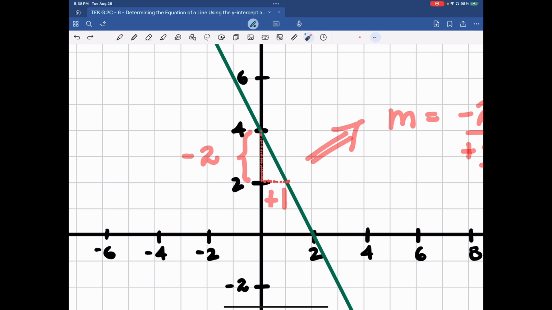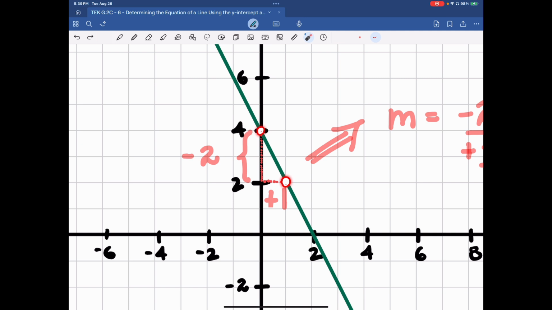And so what I'm looking for is, notice that the grid is here and the graph cuts through it. Here, that doesn't happen. We only have it crossing a horizontal line instead of the intersection of a horizontal and a vertical line. So I want to figure out how I move from here to here using just a rise and then a run.